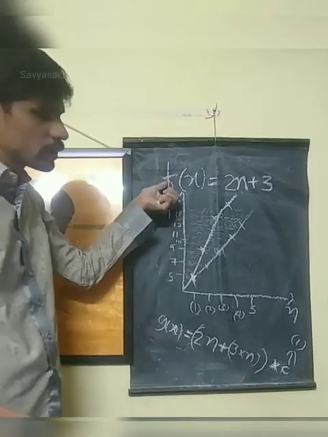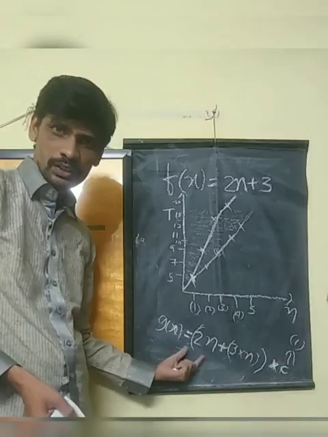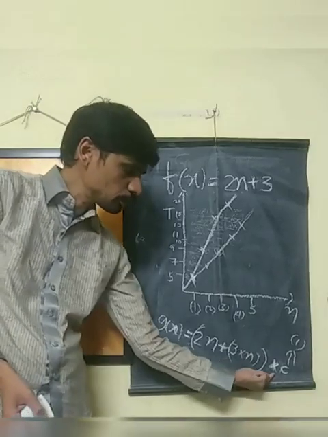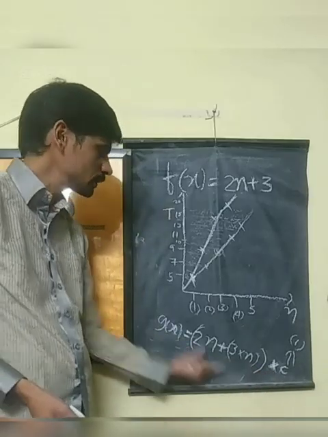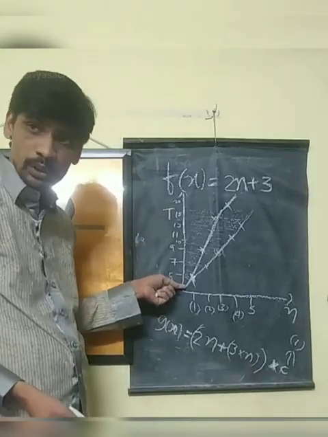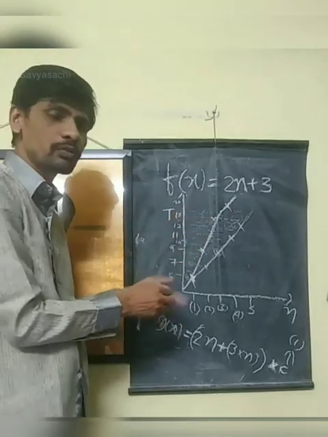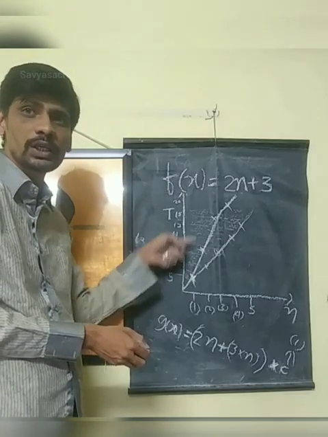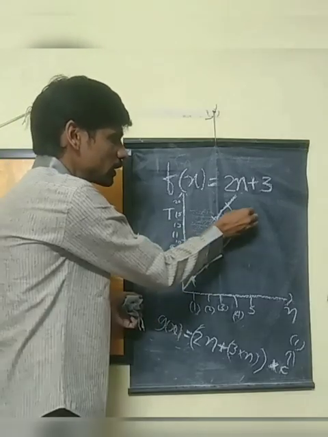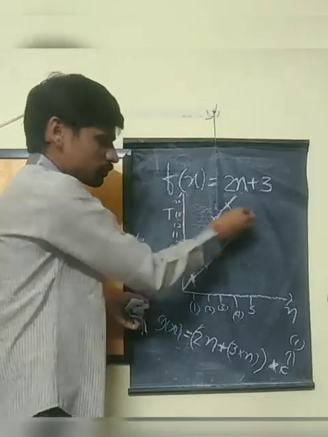So now for the given f of x, I found g of x with another positive constant. When I multiply with this g of x, I am able to draw this graph, this line. I am able to find this line, and where exactly this line is falling. So this line is falling above or nearer to this f of x.